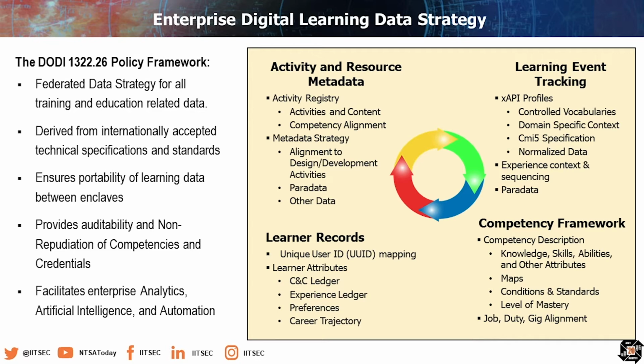So kind of going clockwise from the upper left, activity and resource metadata describes all of the learning things that you can do, and provides enough attributes about those things in order to be able to, 1, select that one may be more preferable over another, and then 2, to when they are being evaluated as evidence of competency, how do I determine how good that particular piece of learning was in the overarching scheme of things.